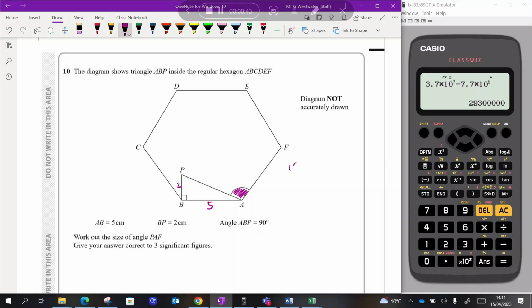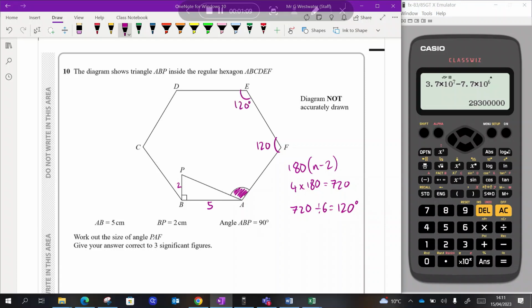You can use the formula 180 times (n minus 2). So this would be 4 times 180, which is 720. And then do 720 divided by 6 for 120 degrees. So each of these is 120 degrees.